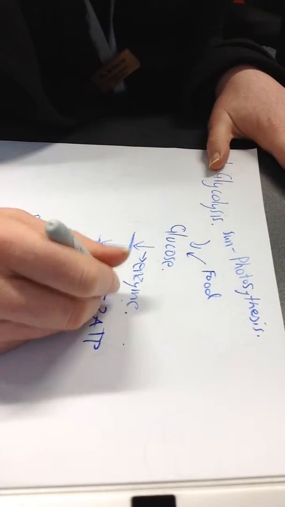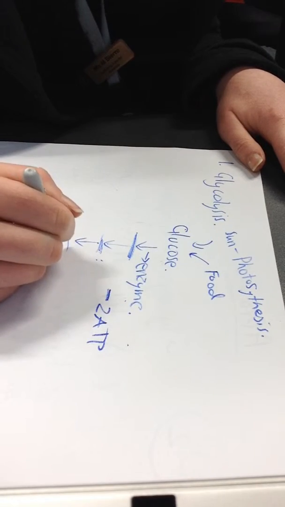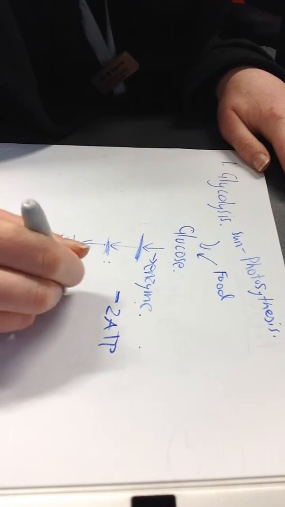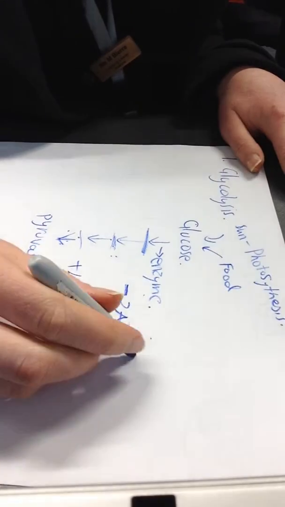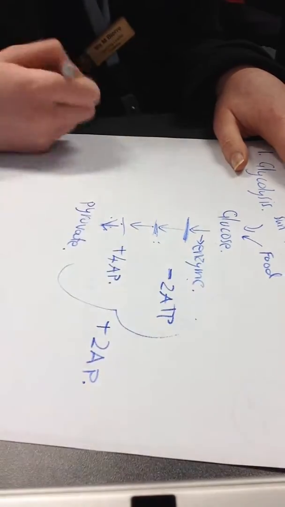So you get minus 2 ATP. But in these products down here, you actually gain 4. So for all of glycolysis, you end up with a total gain of 2 ATP.